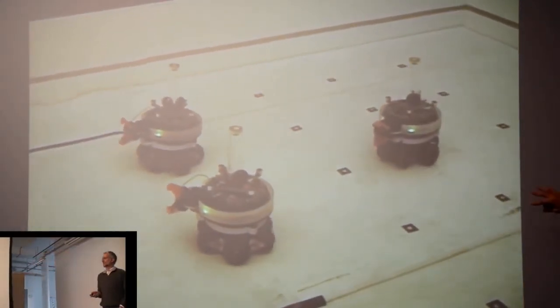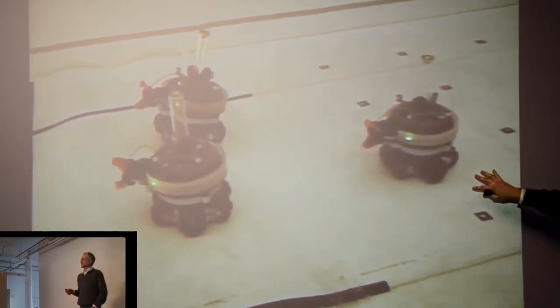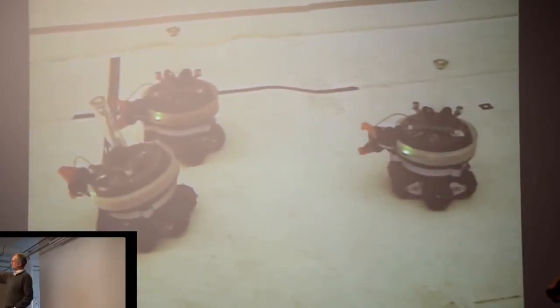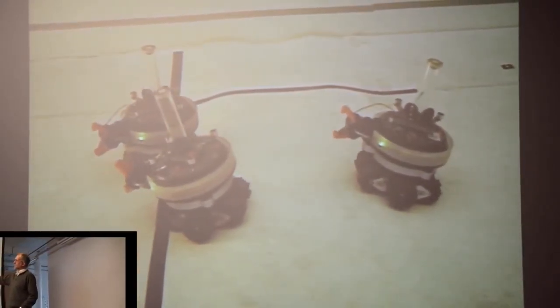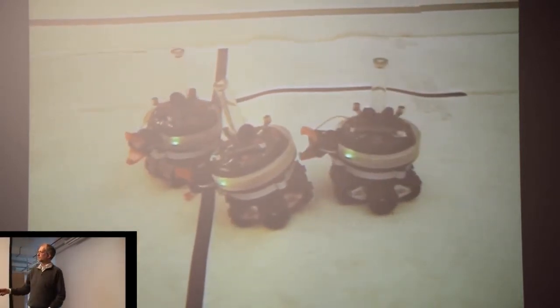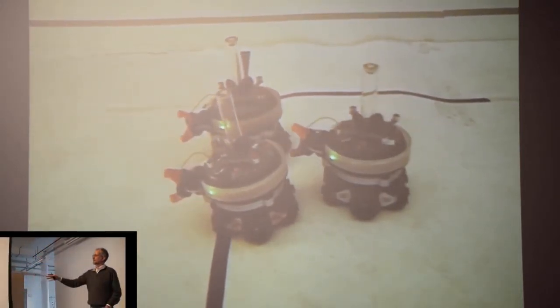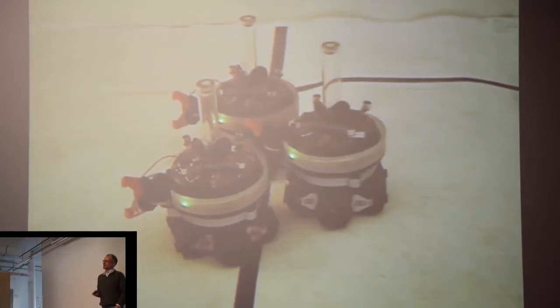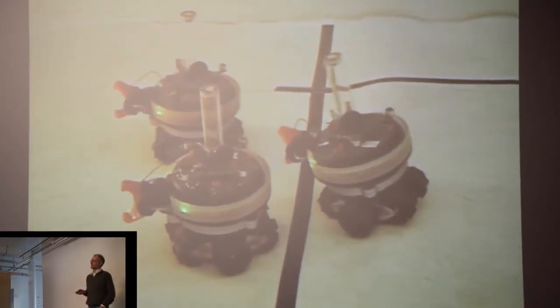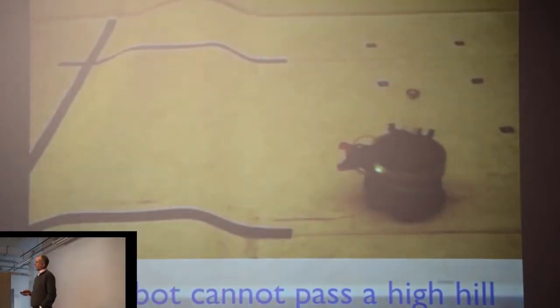So one of the experiments we've done is what you see here. There is an environment where the robot starts, and there is a goal location on this side, and there is a hill in between. In this case, the hill is low, and the robot managed to pass over the hill.